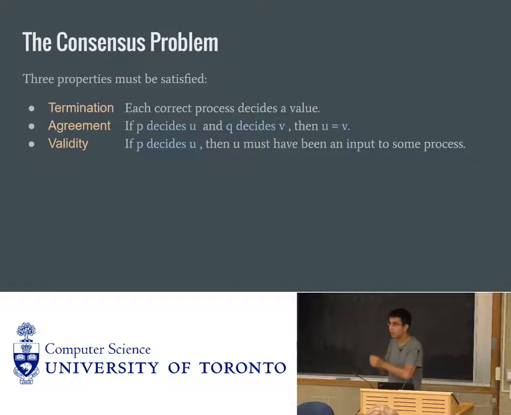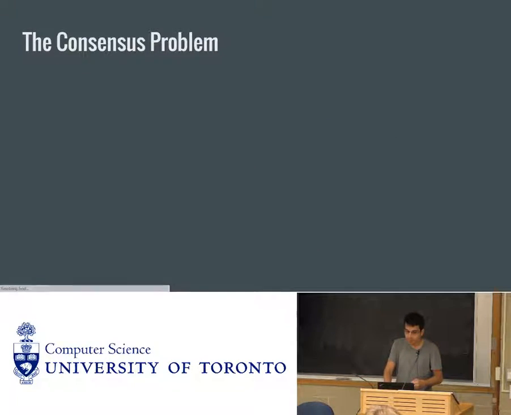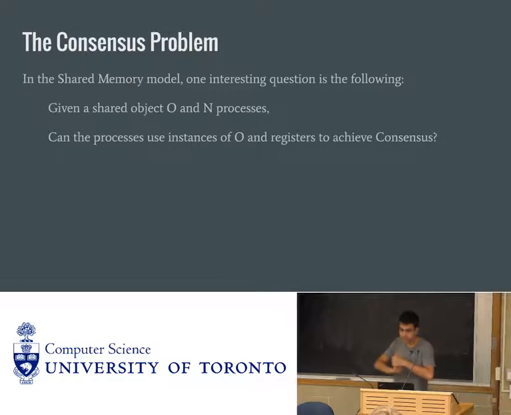And that's a very powerful thing. We won't be going into too much detail about that, but you can ask me about that afterwards. One really interesting question that you can ask in the shared memory model is: if you're given a shared object O and you have n processes, can those processes use instances of that object O and registers to solve consensus amongst themselves?